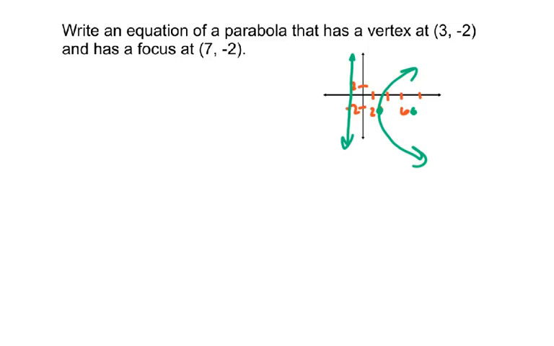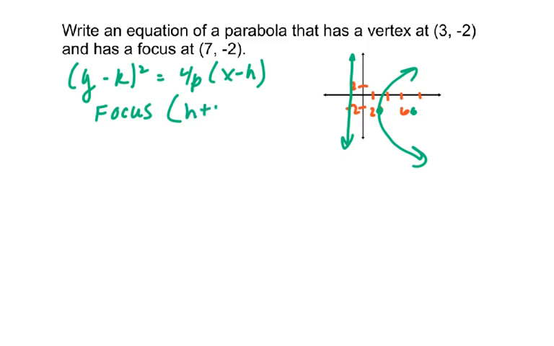I don't know exactly how narrow it is or anything like that, but because it opens to the right, since we knew our focus and our vertex were on the same horizontal line, that means we're in the form y minus k squared equals 4p times x minus h. Our focus in this format we know is h plus p, k. Our directrix we know is going to be x equals h minus p, because this is a y squared version.